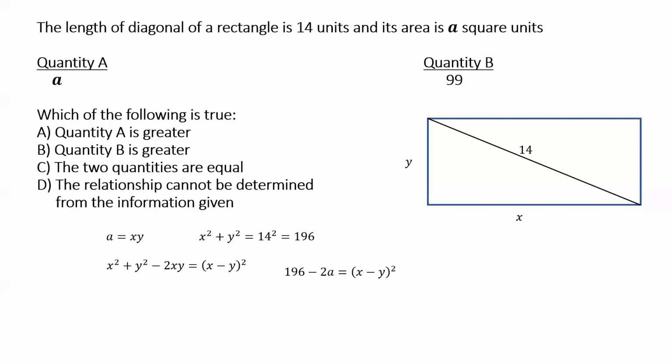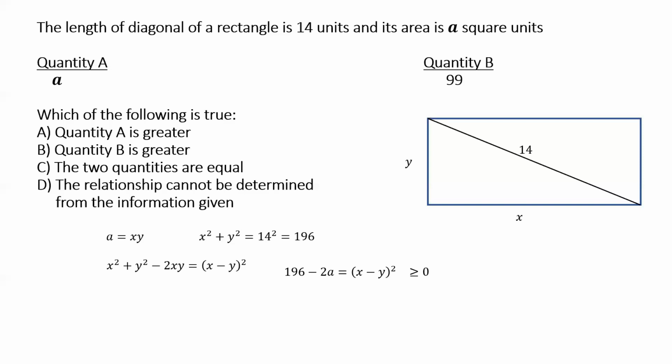Now, this is where establishing a bound becomes important, because we know that (x minus y) whole squared should always be a non-negative quantity, right? At best, it can equal 0, but it should always be greater than or equal to 0, because it's a square.